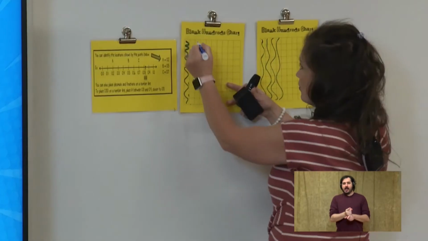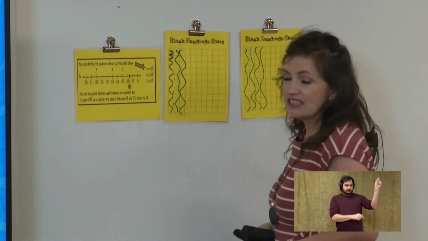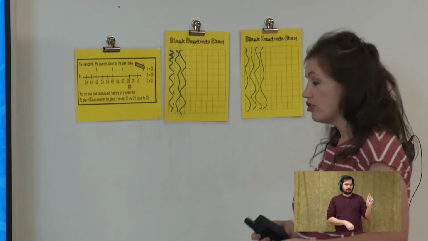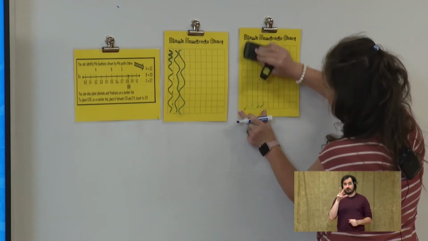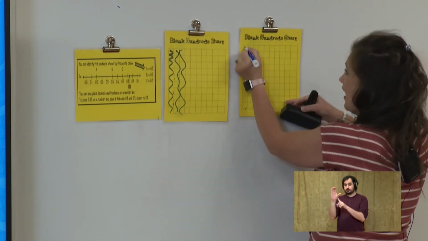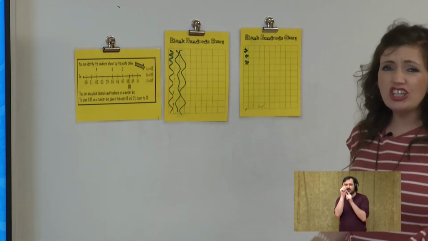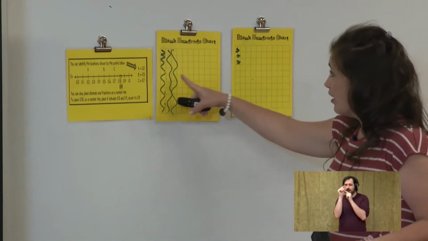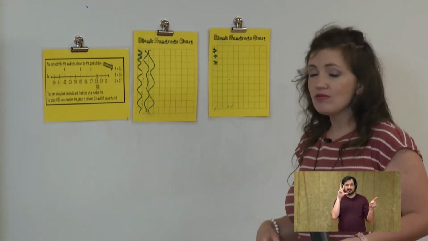So if I have 3 tenths, that's the same as 30 hundredths. If I have 3 hundredths, that means I only have 3 little squares shaded, 3 hundredths shaded. Are those equal amounts? No, no way.